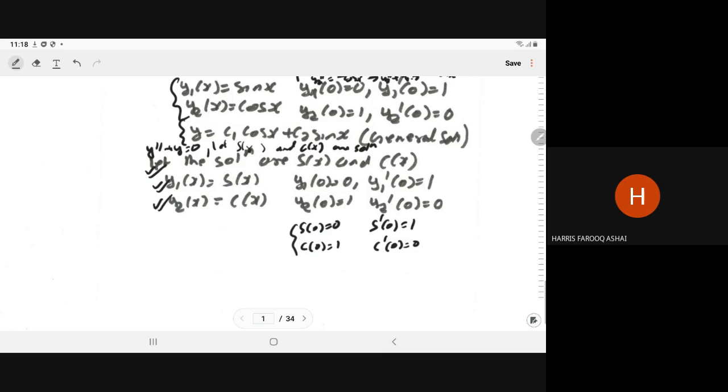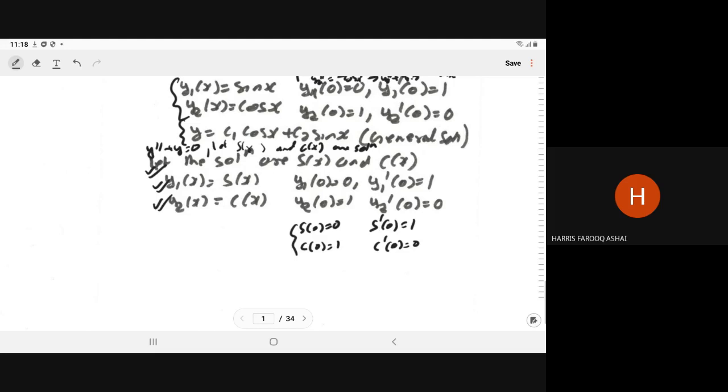Clear? I am saying that we do not know what C(x) is, what S(x) is. We are just assuming that they are solutions. Now, without involving cos x and sin x, without knowing the properties and nature of cos x and sin x, can we reveal the same properties for S(x) and C(x)?